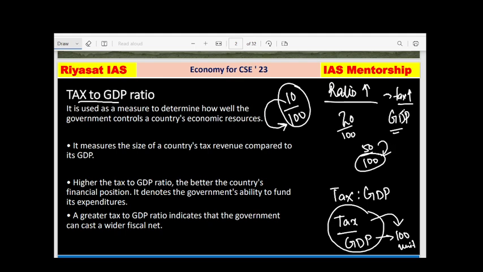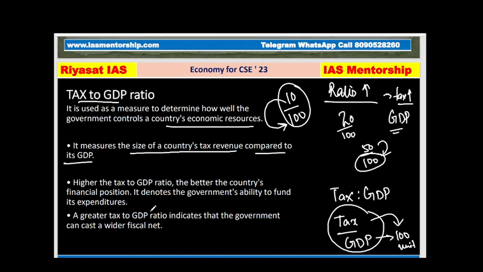So it is very important to have a high tax to GDP ratio because it increases the country's economic resources, and it also measures the size of the country's tax revenue as compared to its GDP, which I have already explained. A greater tax to GDP ratio indicates that the government can cast a wider fiscal net.